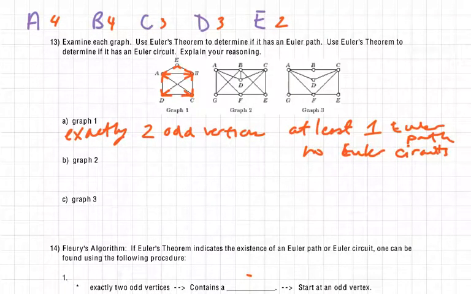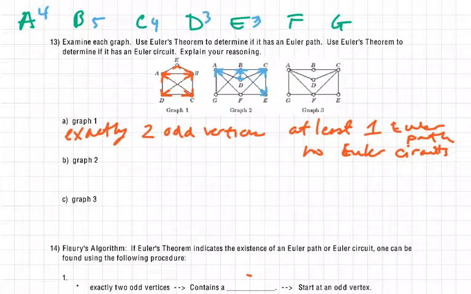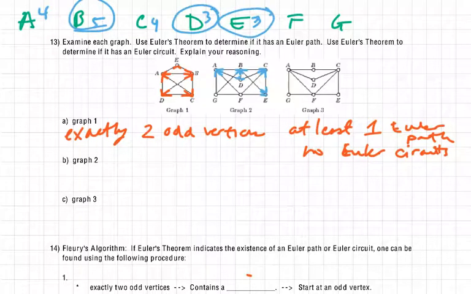Do the same thing for graph 2. I'm going to list out all the vertices and then list out the degrees of each one. Go ahead and pause, try that one on your own as well, and then compare your answer. I can actually stop when I get to vertex E because I already have 3 odd vertices.